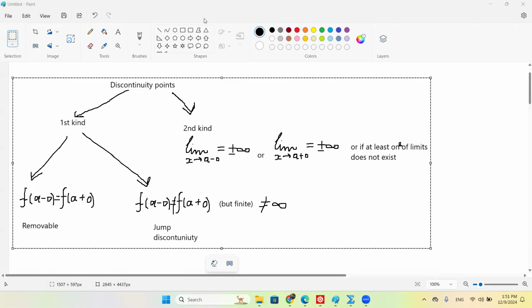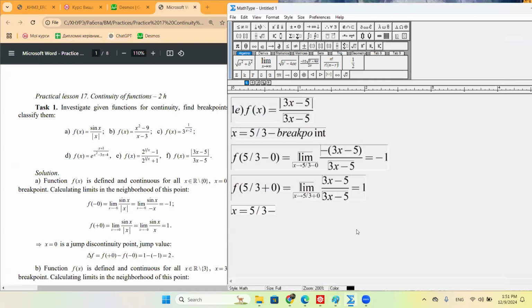And now just a quick reminder. Okay, so let's continue. What is the kind of the breakpoint in this case? It's the first kind, a jump.